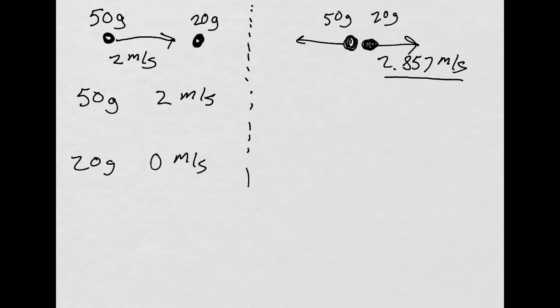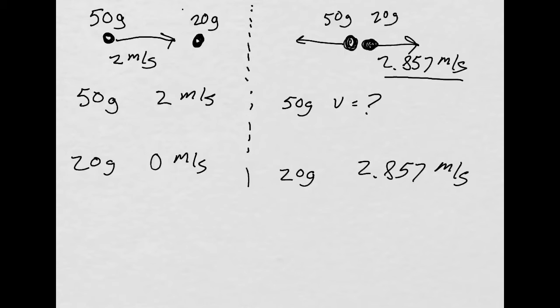Then after, we have the 50-gram mass with an unknown velocity. That's what we're solving for. And the 20-gram mass has a velocity of 2.857 meters per second.